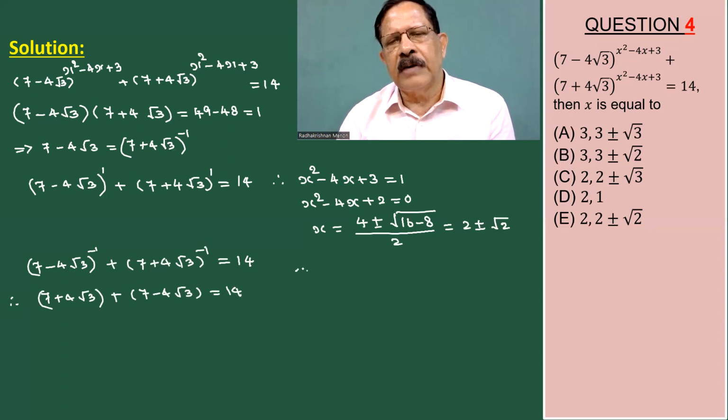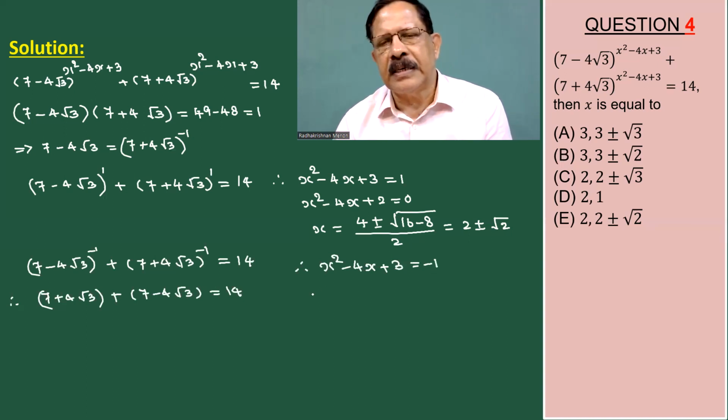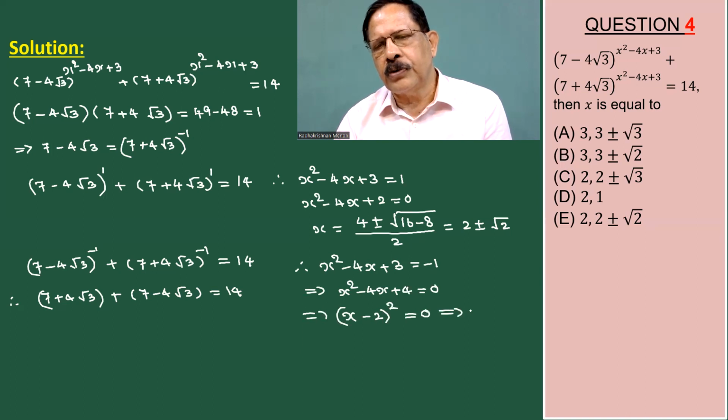So therefore, if x squared minus 4x plus 3 is equal to minus 1, then also this equation is being satisfied. So find out the value of x from here. Now it is very easy. It is x squared minus 4x plus 4 equal to 0, which is x minus 2 the whole squared equal to 0, which implies x is equal to 2.